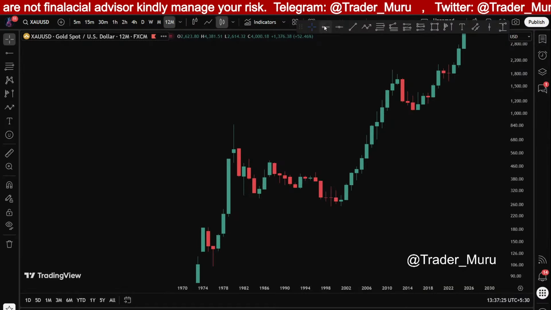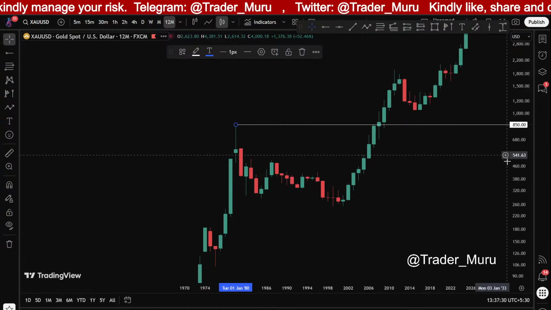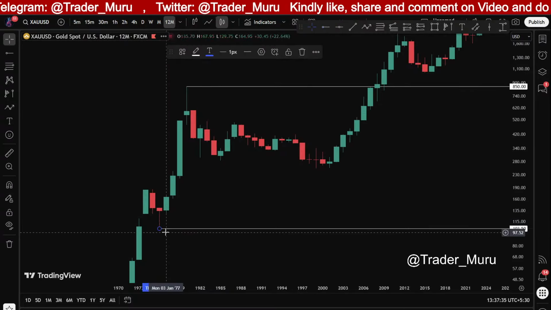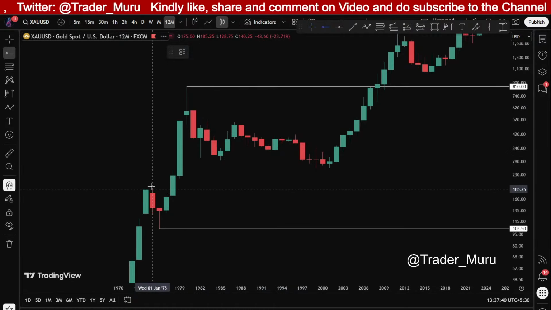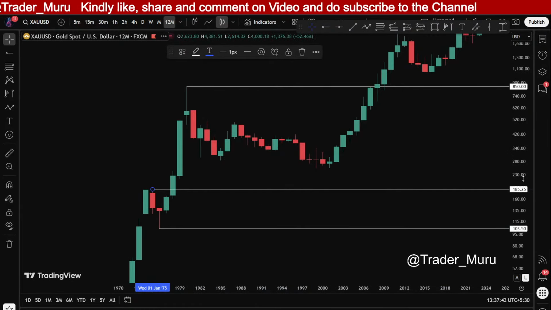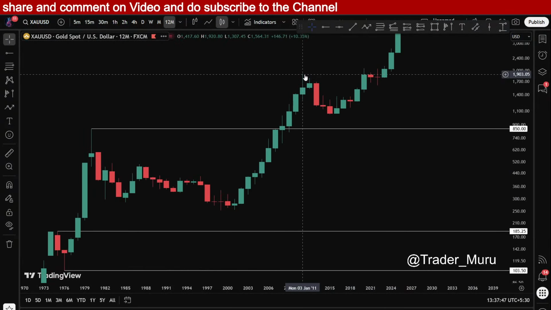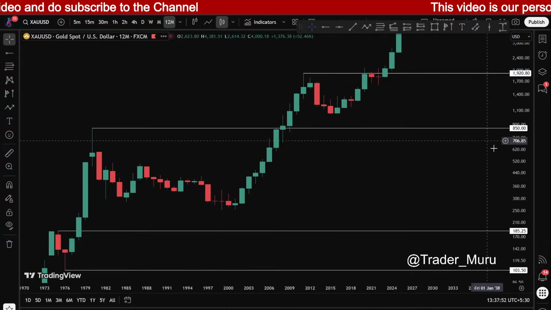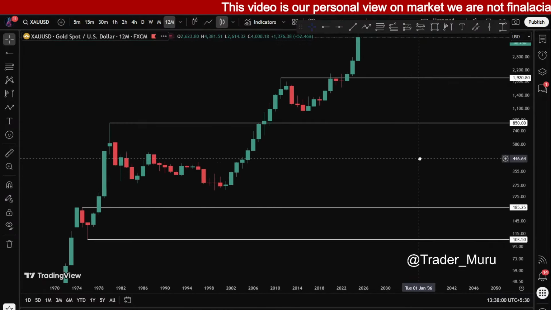If you see this, we have this high near about 850, and from where it moved, it was 103, and the high for that 103 was 185. Now compare it over here, near about it, times 10, just clear times 10.